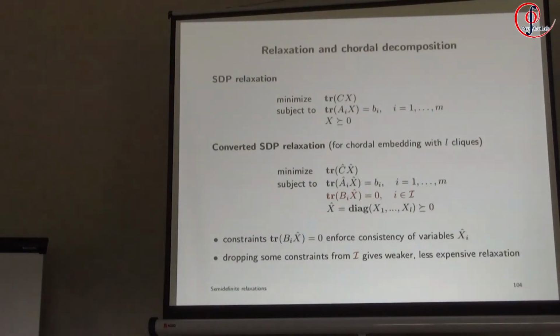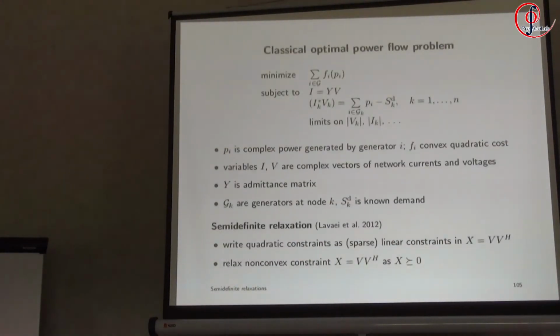They say that for all these overlapping submatrices, the different copies must agree where they overlap. So if this is a relaxation of some problem, and we drop some of the constraints, then you get a cheaper relaxation.